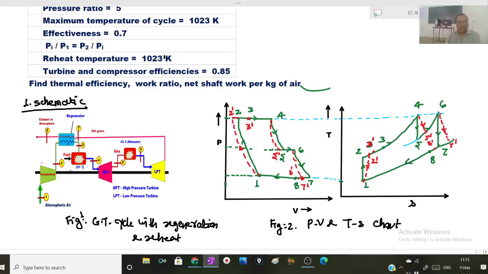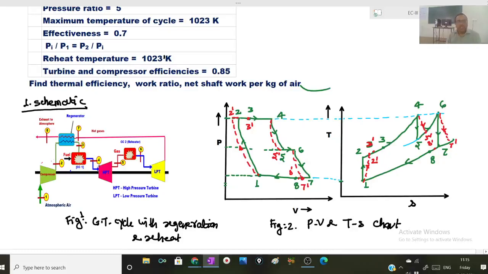It is also called preheating of compressed air. So 2 to 3 represents isobaric preheating of compressed air, and 2 to 3 dash represents actual preheating of compressed air.